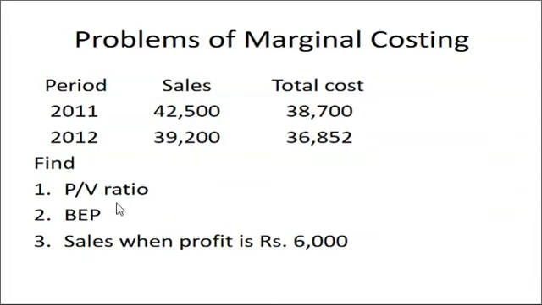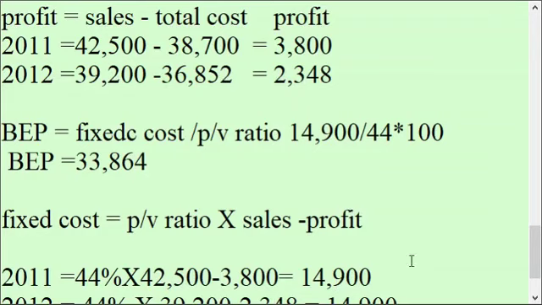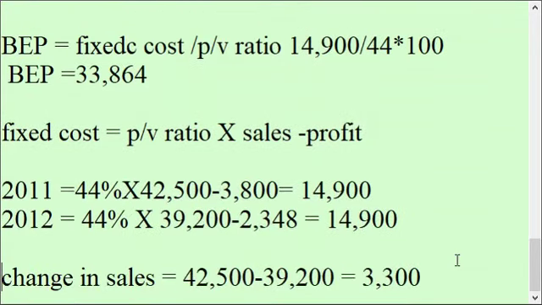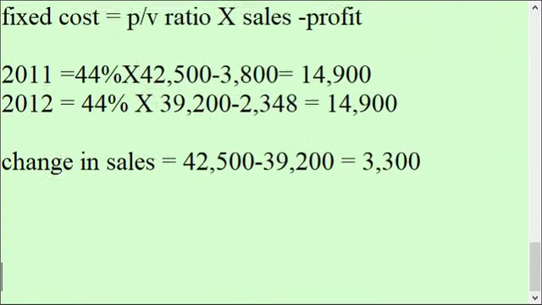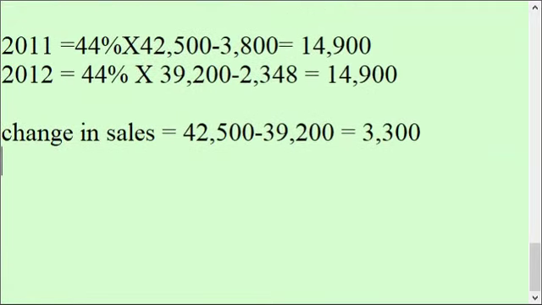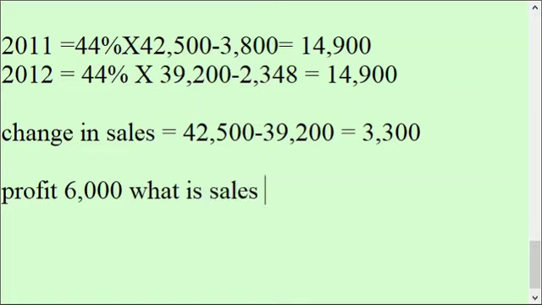So we have calculated the PV ratio and BEP. Next, sales when profit is rupees 6,000. What is the sales when profit is rupees 6,000? We need to find out sales.